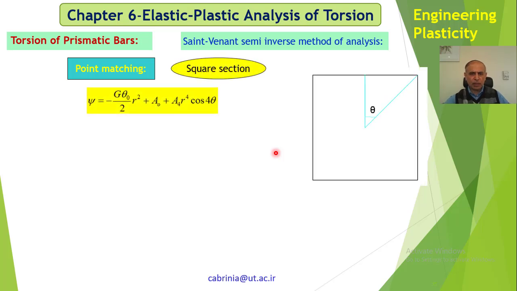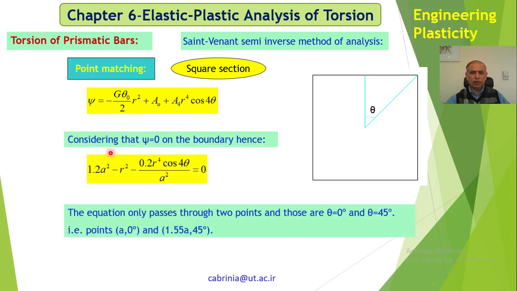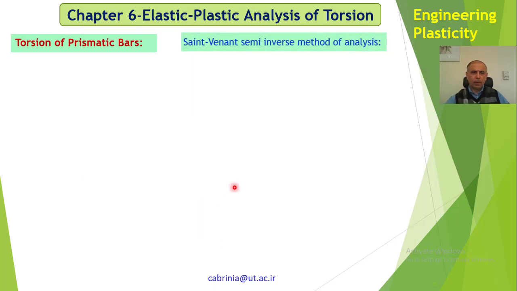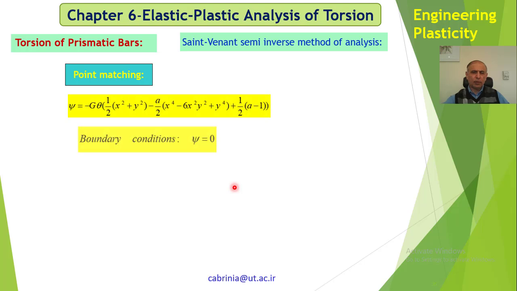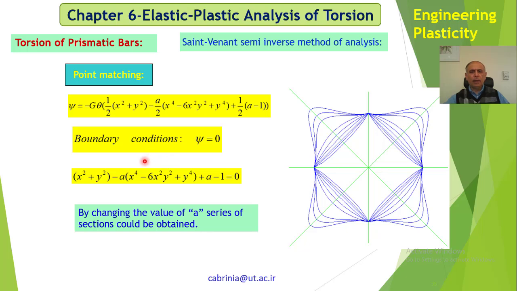For instance, for a square section, we can use this kind of function, and in here you can see that if you consider psi equal to 0, put this equal to 0, you can obtain a0 and a4 at these points, theta equal to 0 and theta equal to 45, like that, and then you obtain this psi by putting those constants inside it. By changing the value of a, a series of sections could be obtained.